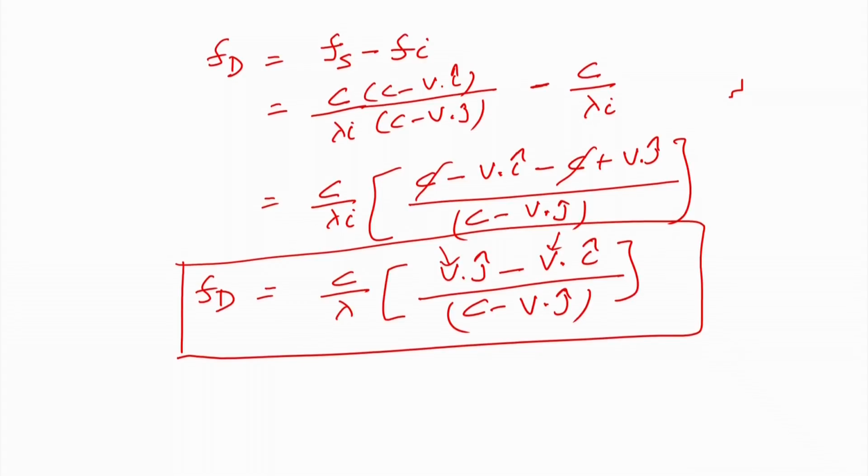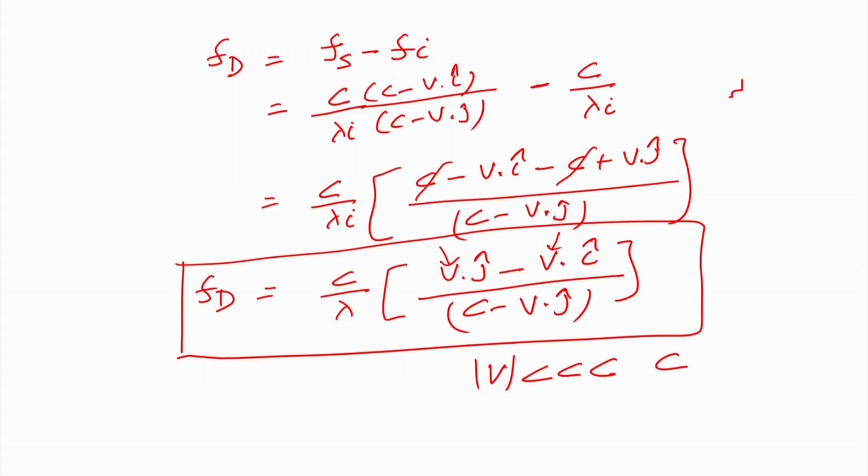Now, if I assume, and for most flows it is always correct, and particularly for light this is definitely correct, that v is very small compared to the speed of light. So, say the mod of v is very much less than the speed of light, and that is true for all the applications we are going to discuss, particularly if we are using laser, and that is another reason why we are using the laser.